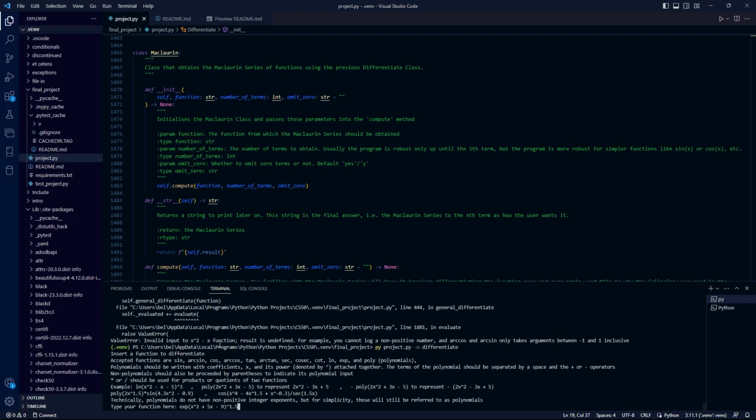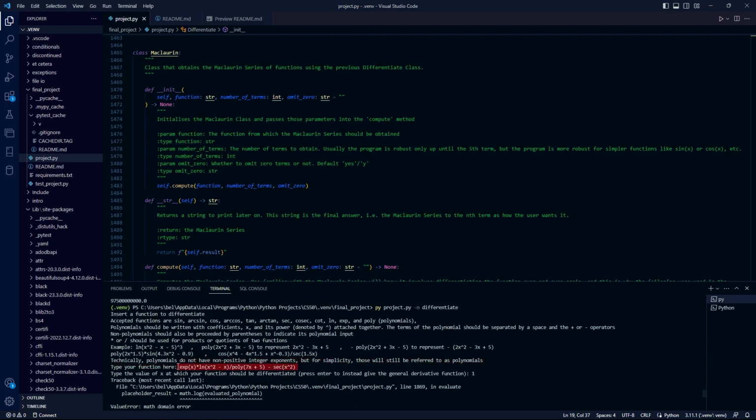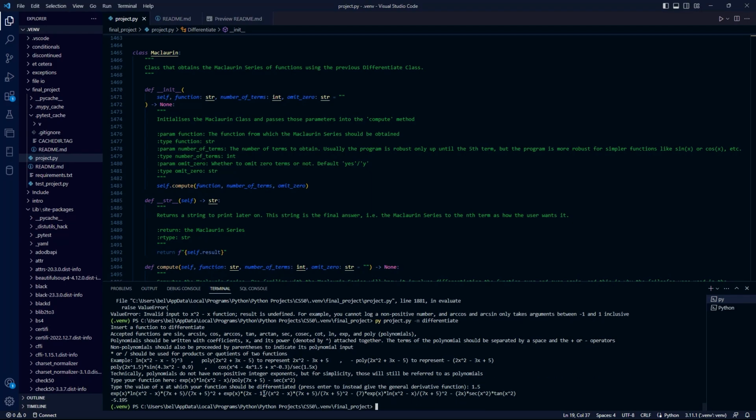So if we were to try another number, for example, maybe 1.5, then we will get the derivative function as well as the value of the gradient.